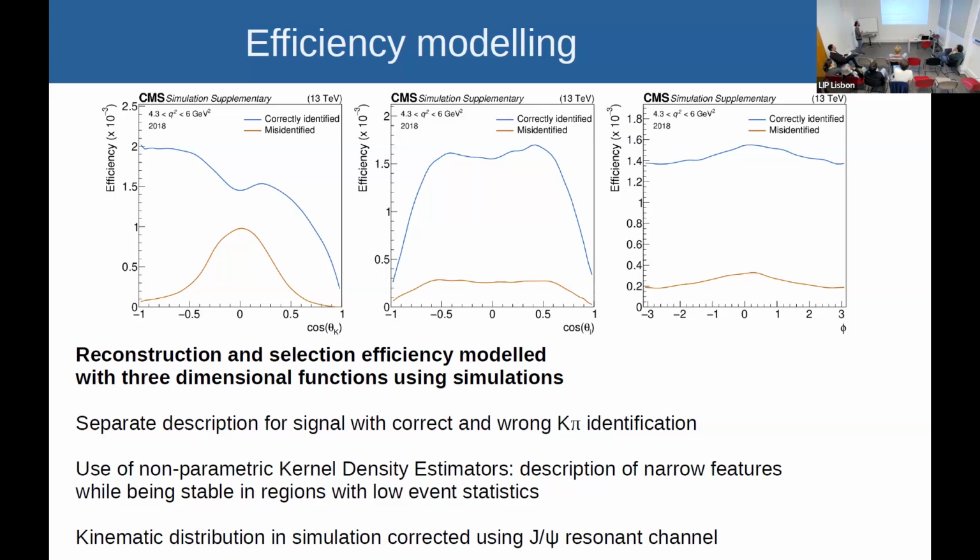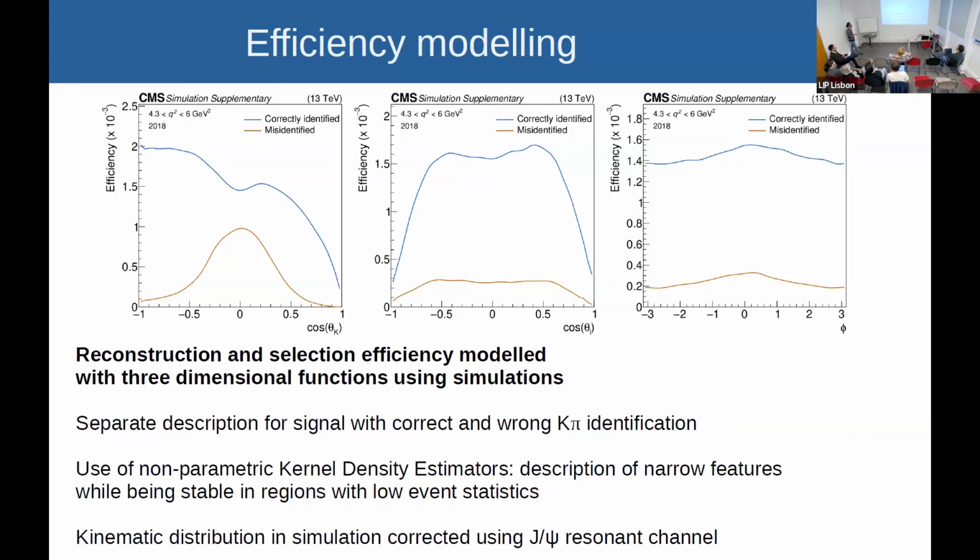Even if we have Monte Carlo samples generated with a lot of events, after applying all the analysis selections we still have some regions quite sparsely populated with events, especially for the mistag category. So we need something that is both robust but also precise when describing the features, and so we use non-parametric kernel density estimators to describe the numerator of our efficiency, the denominator of our efficiency, and then we take the ratio of the two functions.